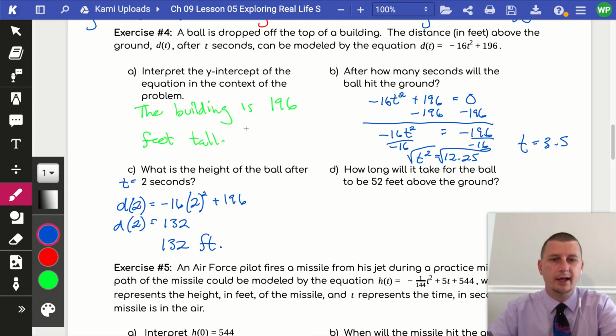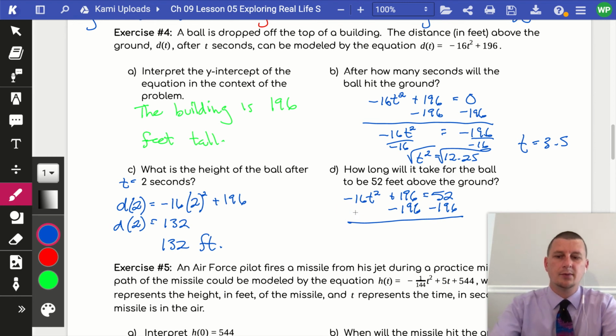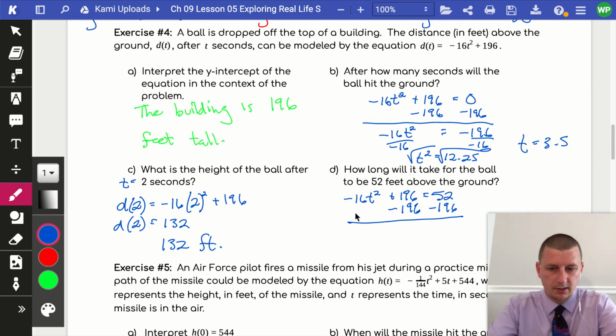And finally, on part D over here, how long will it take for the ball to be 52 feet above the ground? So again, similar to this, we're not looking for where it's equal to 0 now. We're looking for where this equation is equal to 52. So we're going to start off by subtracting 196, and 52 minus 196 is negative 144.